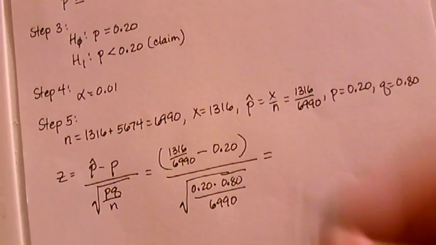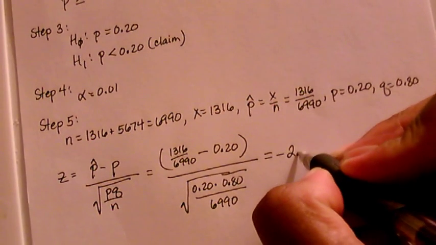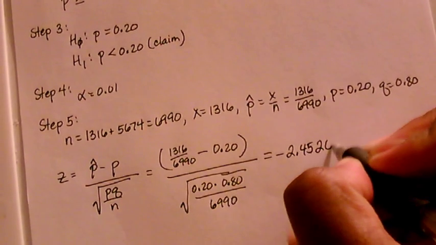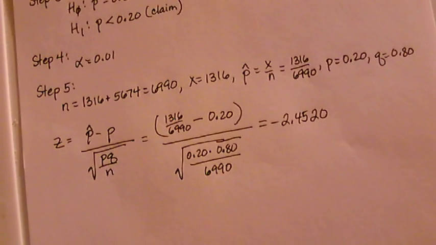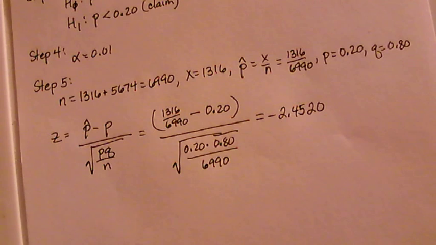Okay. And I'm rounding this off to 4 decimal places. And on the homework, be sure that you round whatever your z value is or your test statistic to whatever number of decimal places that they ask for. Sometimes they may ask for 2 decimal places, they may ask for 3, they may ask for 4. So pay close attention to the directions on how many decimal places that they ask for in the homework.